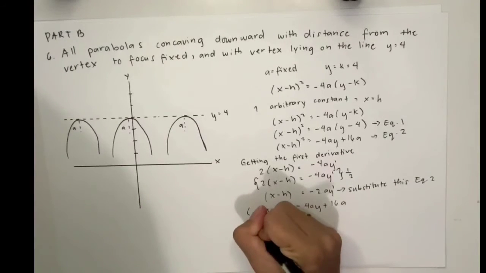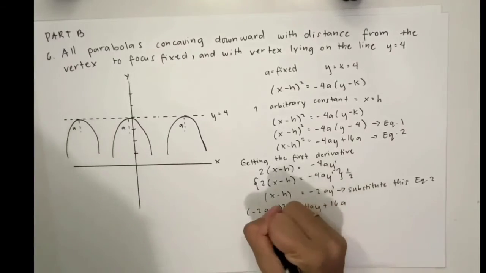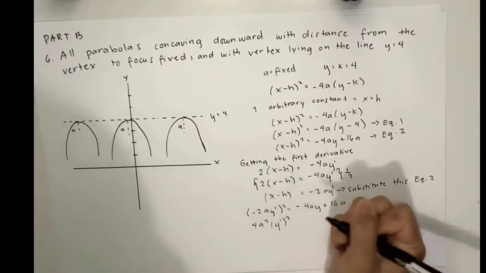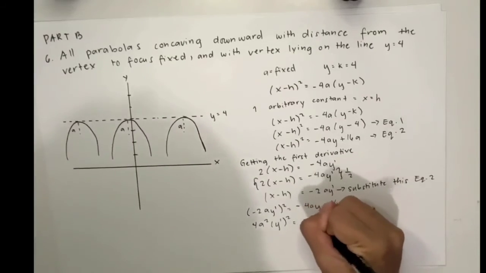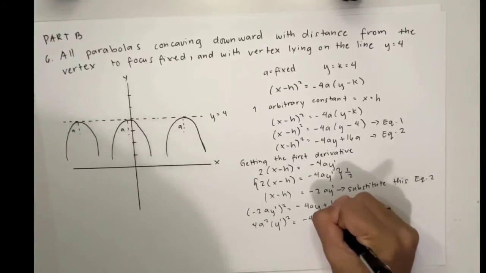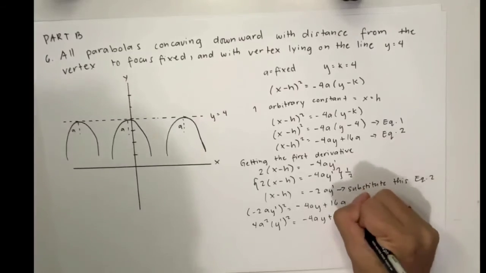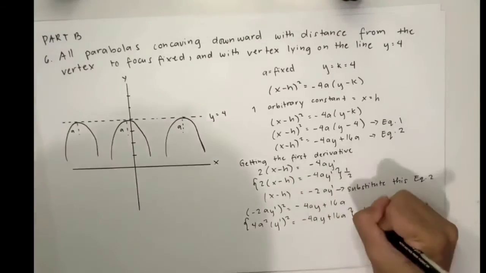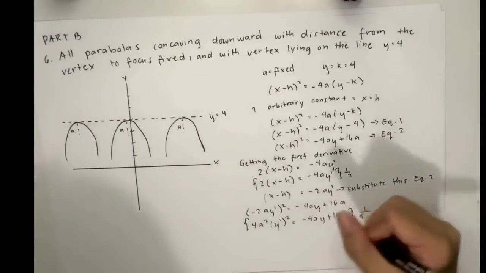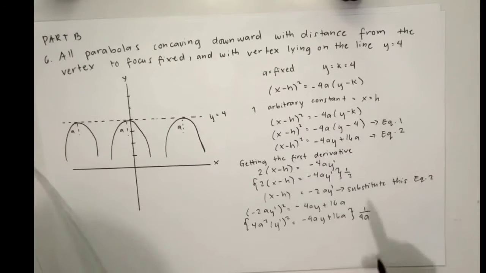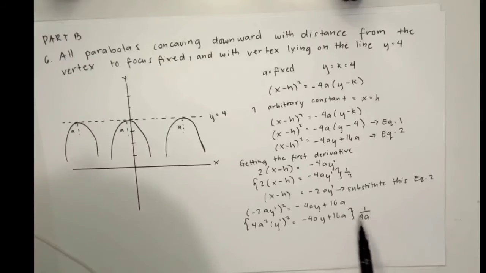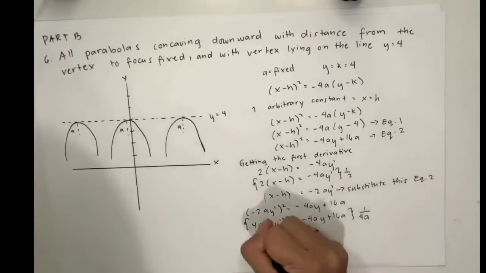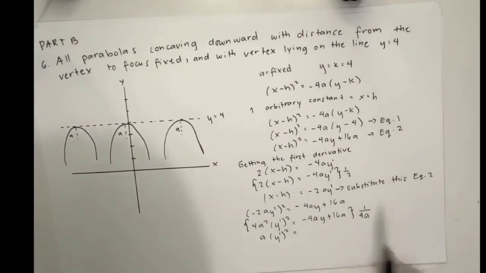So we will have positive 4a squared y prime squared is equal to negative 4ay plus 16a. And then we will multiply 1 over 4a so that we can simplify this 4 and 16, and we can simplify the a's.